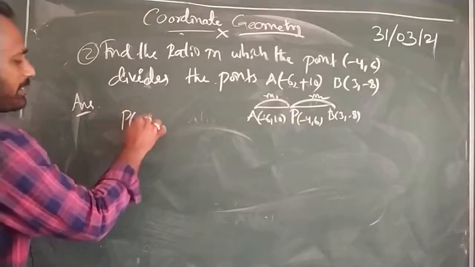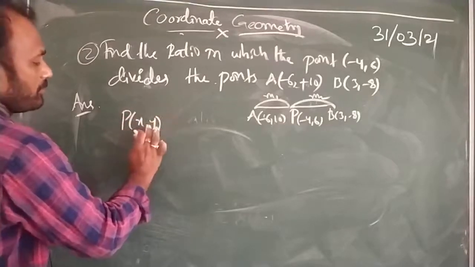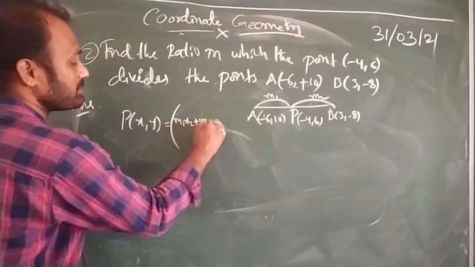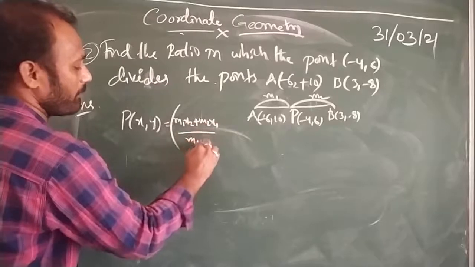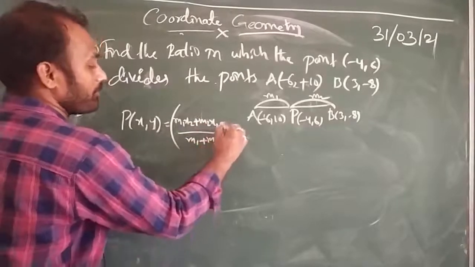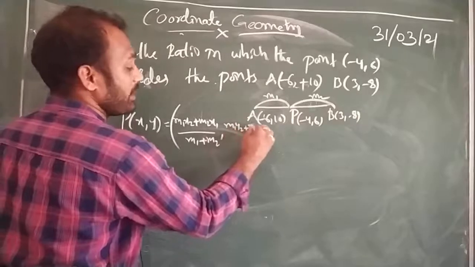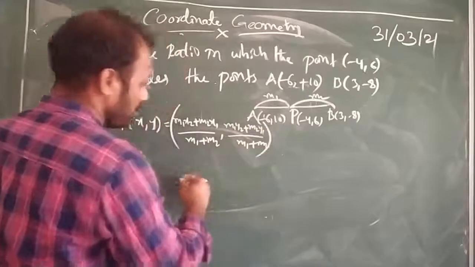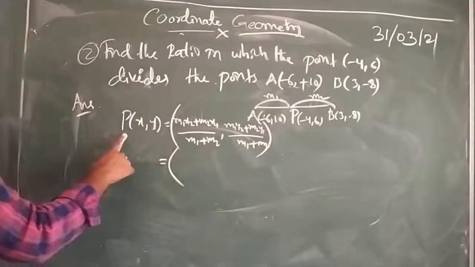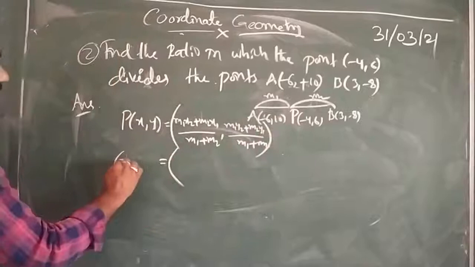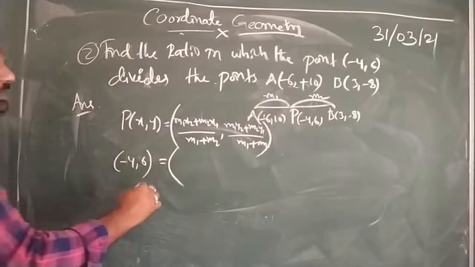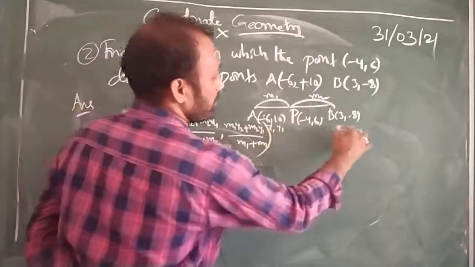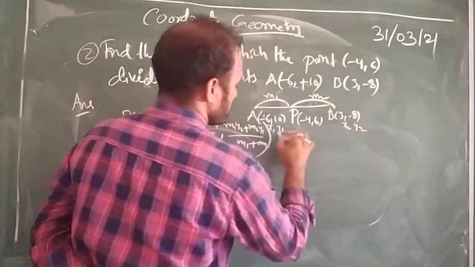So that is P(x, y) is equal to, the formula will be (M1 x2 plus M2 x1) by (M1 plus M2), comma, (M1 y2 plus M2 y1) by (M1 plus M2). Let us substitute the values here. Point P is already given, which is (-4, 6), equal to M1, we don't know, into this x1, y1, and this one will be x2, y2.